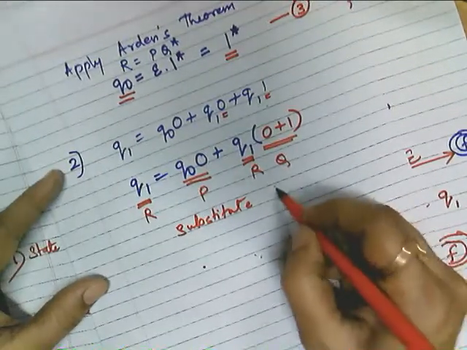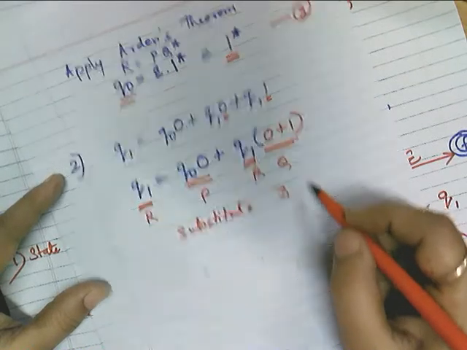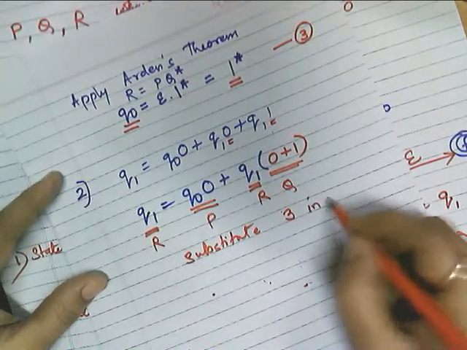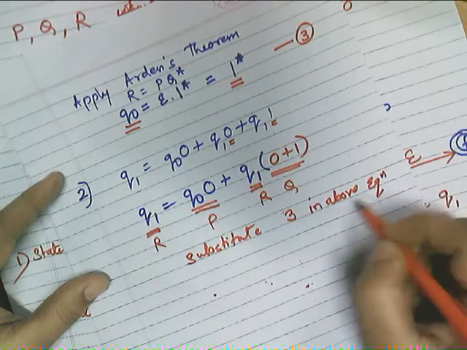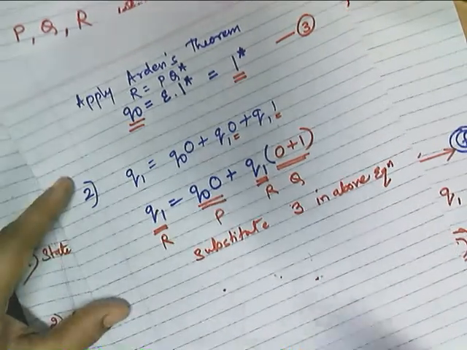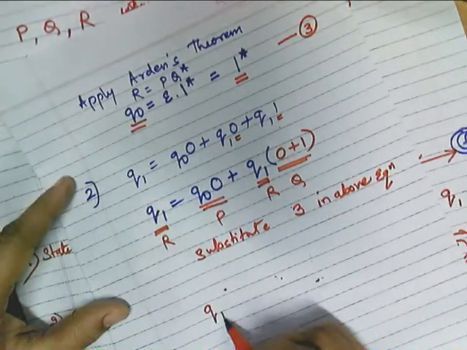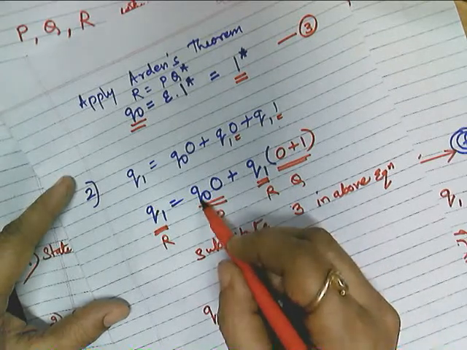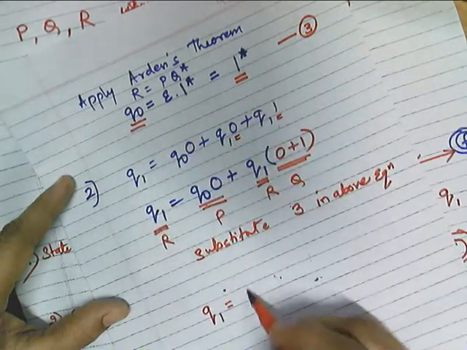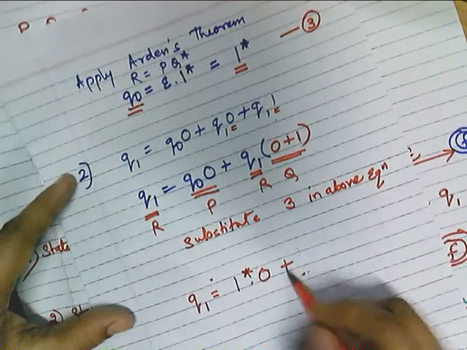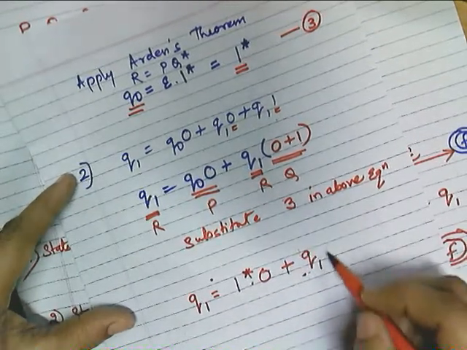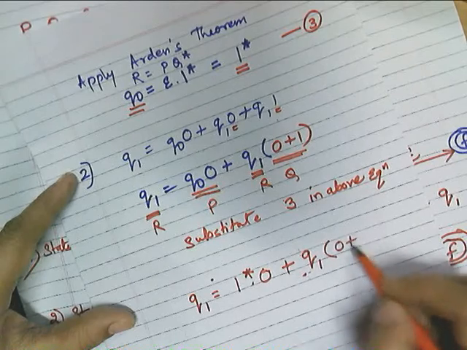If I substitute 3 in the above equation, I'll get Q1 is equal to, replacing Q0 by 1 star dot 0 plus Q1 in bracket 0 plus 1.